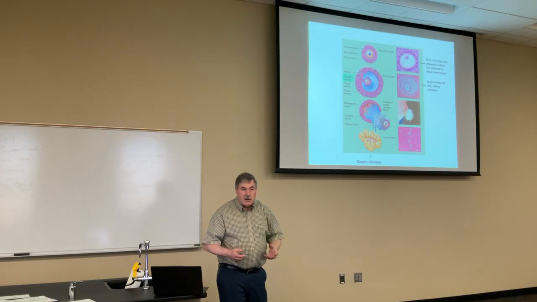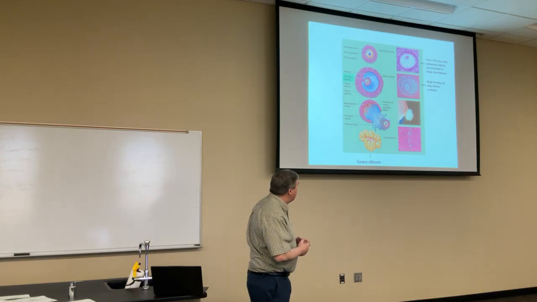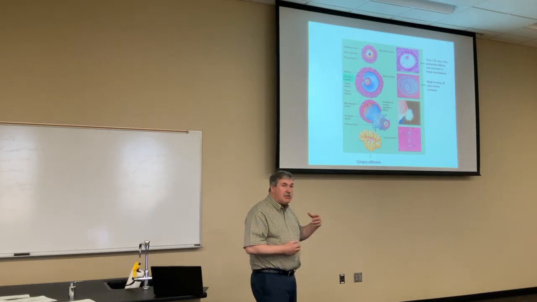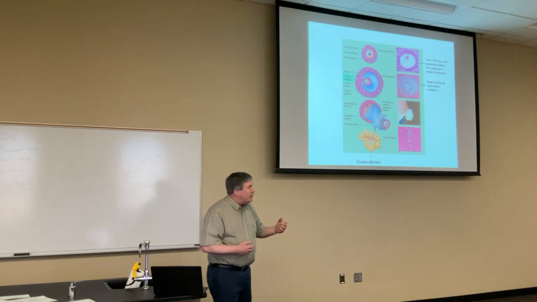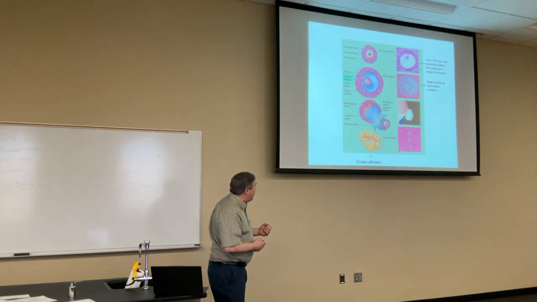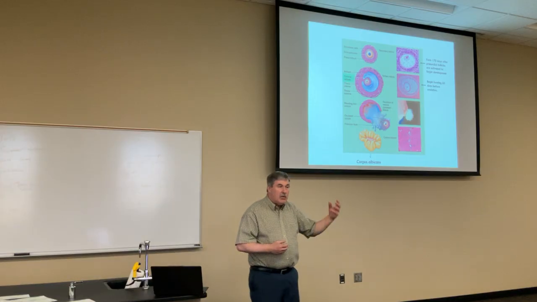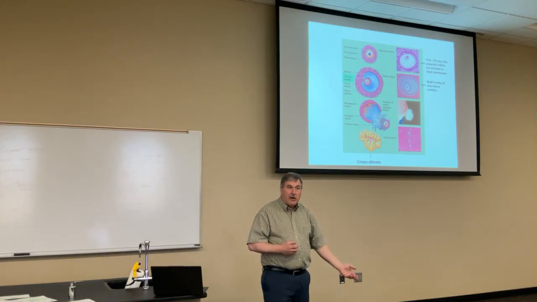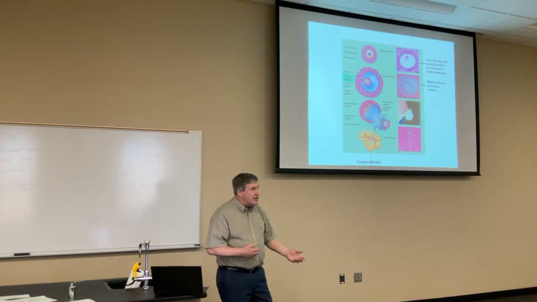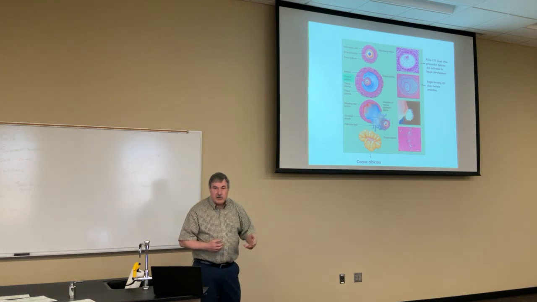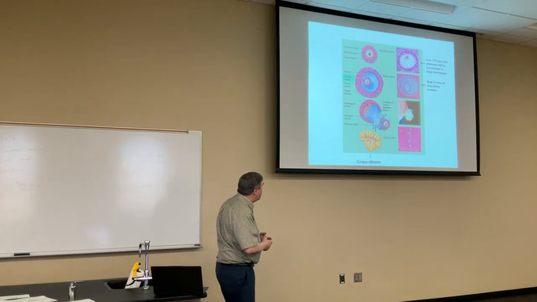So that corpus luteum keeps producing progesterone if pregnancy occurs. If pregnancy doesn't occur, then the corpus luteum starts breaking down spontaneously after about 10 days. And when it starts breaking down, then progesterone levels fall. When progesterone levels fall, then the endometrium of the uterus is sloughed off along with a small amount of blood as the menses, or the menstrual flow.